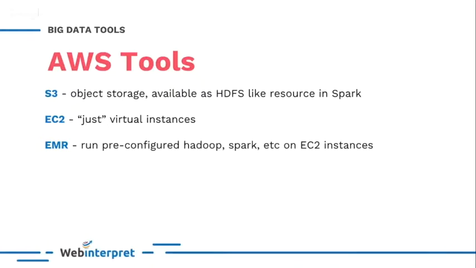We were using EC2 instances as the instances doing the work, and EMR, which is the Elastic MapReduce tool from AWS, which allows you to run pre-configured big data tools like Hadoop or Spark on EC2 instances, and you do it with just a few clicks. It doesn't require much training, and you can read a few tutorials and start.